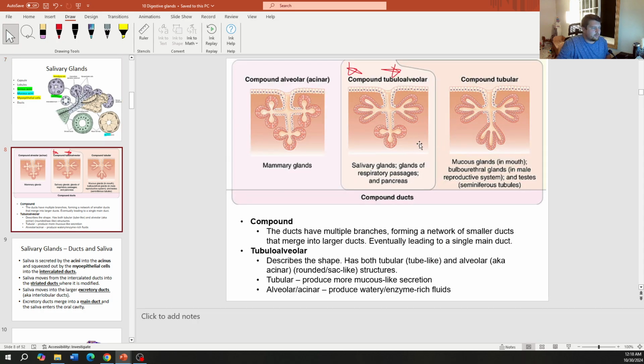Okay, so the acini is secreted into that area, and then the myoepithelial cells surround that whole area. So if we were to zoom way deeper into all of this portion, you'd have those myoepithelial cells around it, just like this, around the edge. And those cells, once saliva has been produced, are going to contract and squeeze the saliva along.